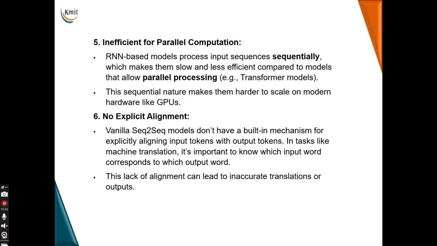These RNN based models work very well for sequential processing, but they fail when we go for parallel processing. No explicit alignment. Vanilla sequence-to-sequence models don't have any built-in mechanism for explicitly aligning input tokens to their respective output tokens, because of which we are unable to identify which input word corresponds to which output word.